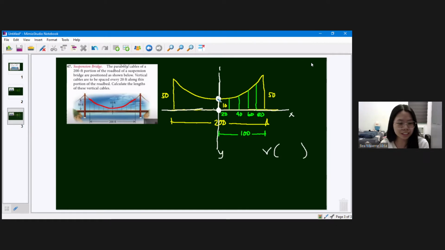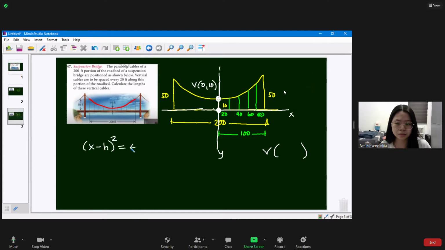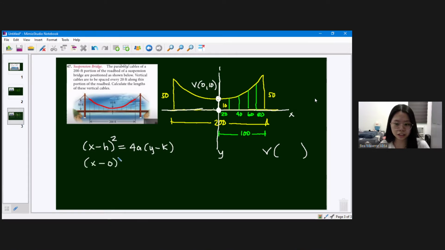So, kung may vertex na tayo, ilapag natin yung vertex na yan sa standard form ng parabola. So here we go. That's x minus h squared is equal to 4a y minus k. Right? So, apply natin, magiging x squared na lang yan.